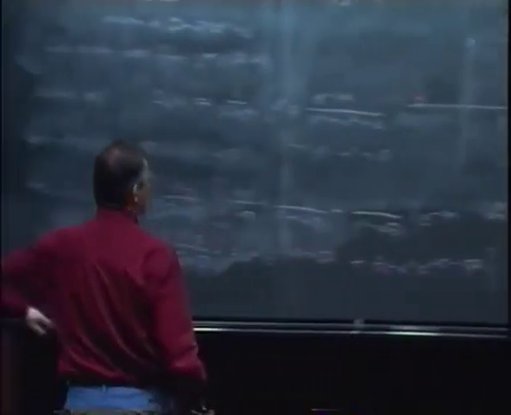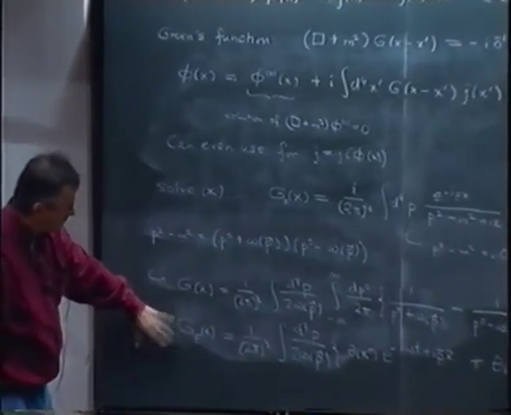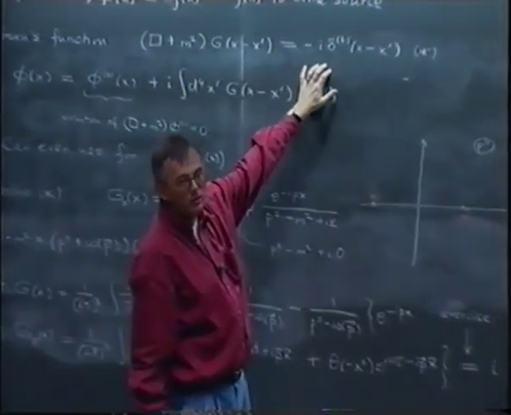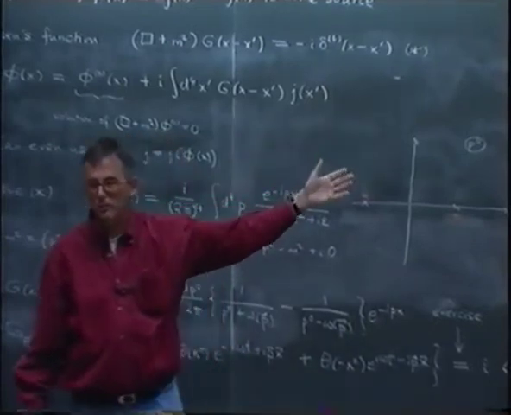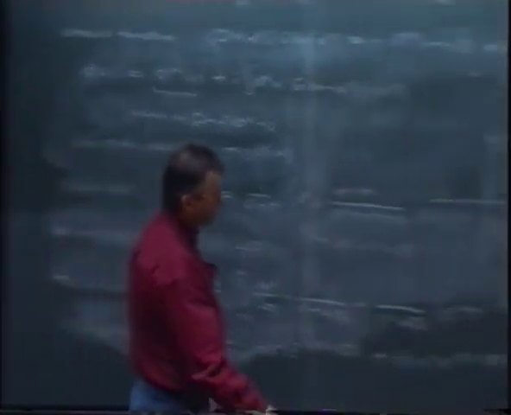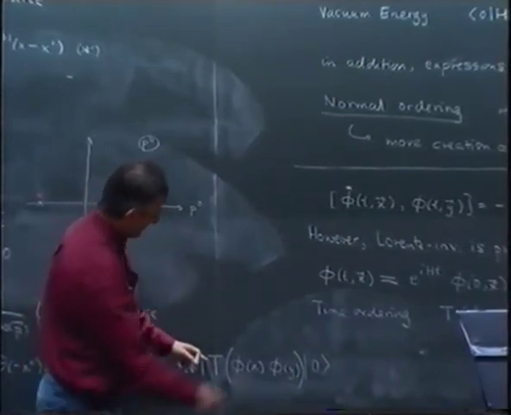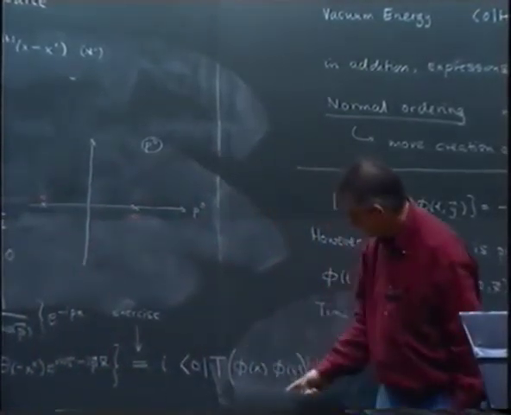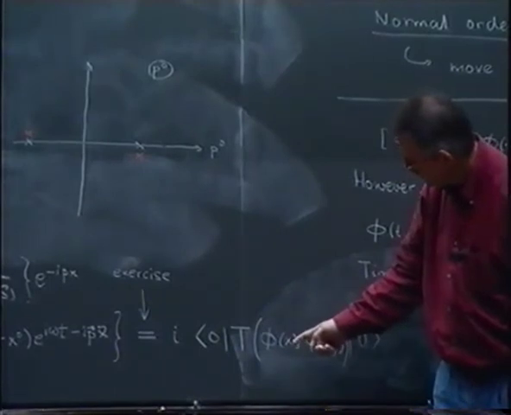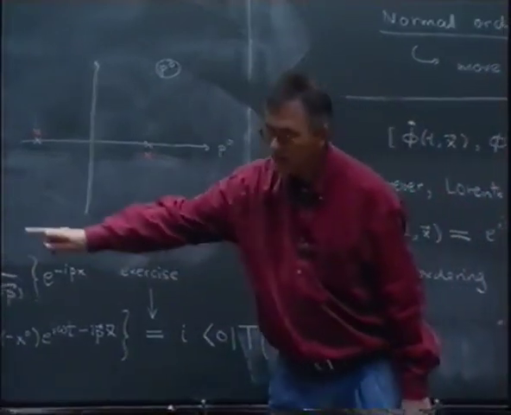At this point, I just wanted to mention it, because first of all, this propagator appears as a special solution of this equation on the one hand, and this is the way it's described, for example, in the old textbook by Dirac and Drell. But on the other hand, when you calculate vacuum expectation values in quantum field theory, it turns out that the time-ordered product of two scalar field operators is given by this very same function.